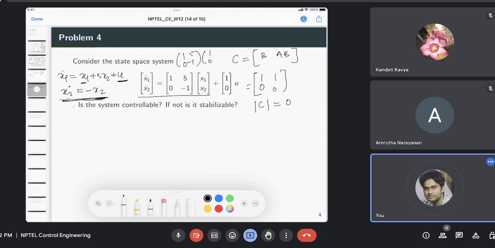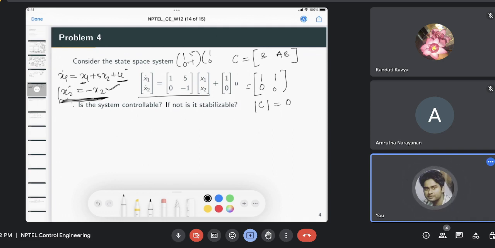If it depended on x1, then through x1 you could affect x2. But here it's just an autonomous system for x2, so it does not depend on the control. Using this control you cannot send x2 to an arbitrary position. So in that form also you can see that this system is not controllable.